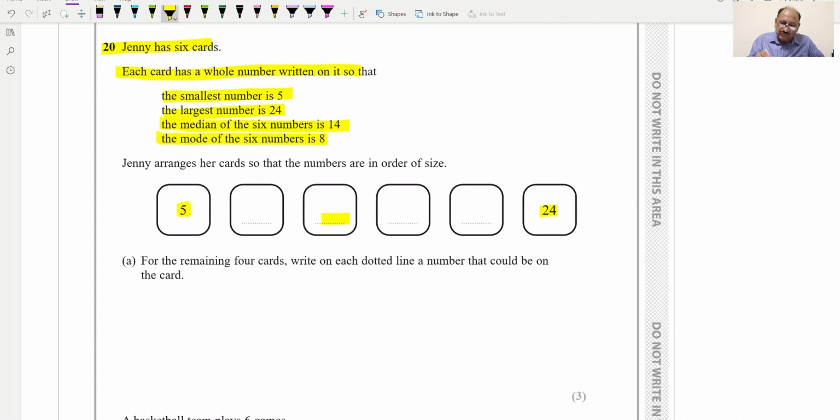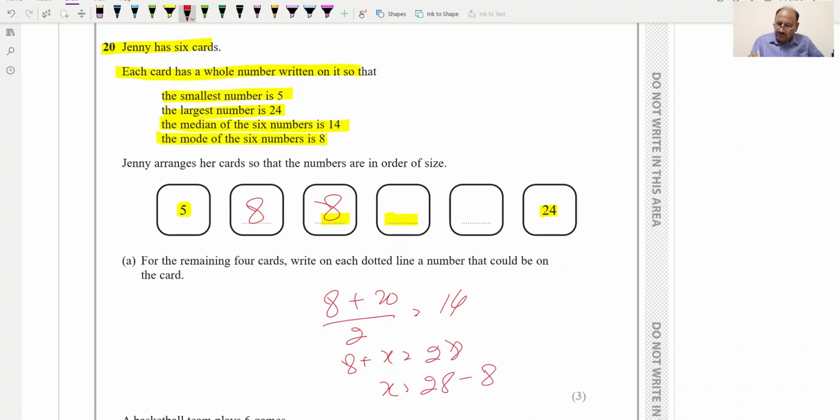Median will be this plus this divided by 2, and mode is 8, so we can write 8 here and 8 here. So 8 plus x divided by 2 is equal to 14, so 8 plus x will be equal to 28, and x will be equal to 28 minus 8, which is equal to 20. So we got this number, which is 20 over here.